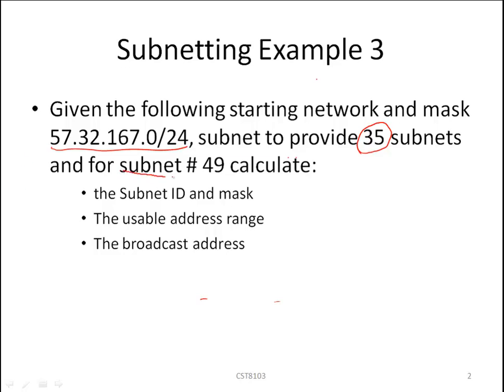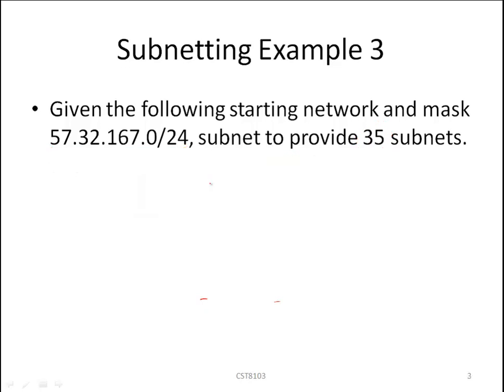Specifically, for subnet number 49, you are asked to calculate the subnet ID and mask, the usable IP address range, and the broadcast address for subnet 49. Let's proceed with the resolution of the question.